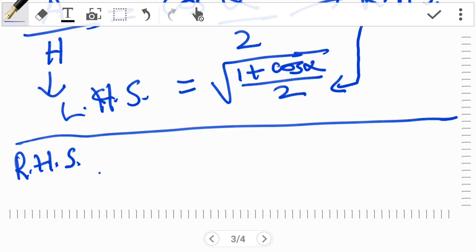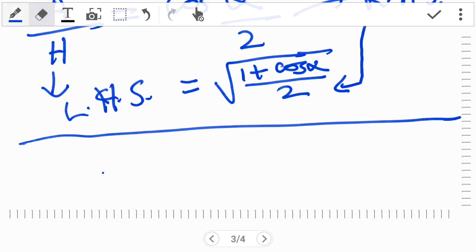Let us first see what is this cos alpha part of RHS.